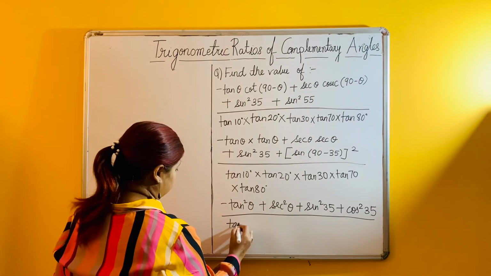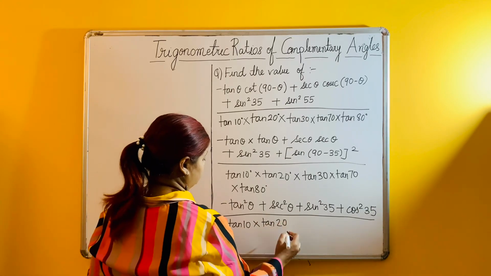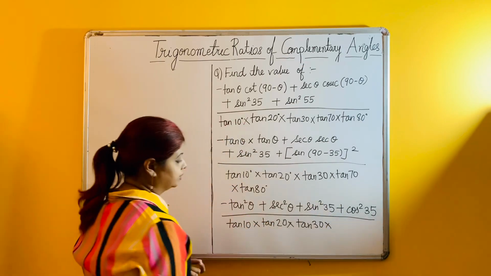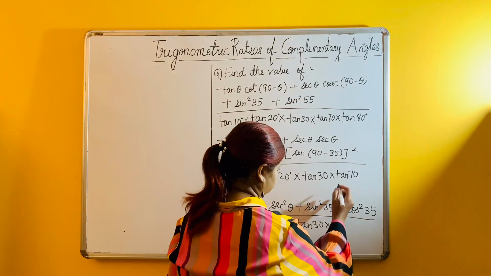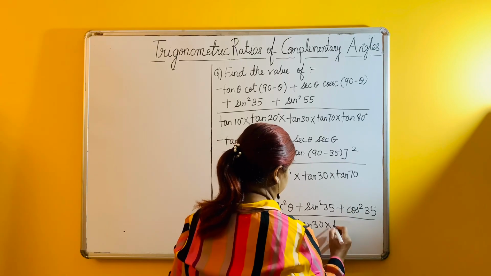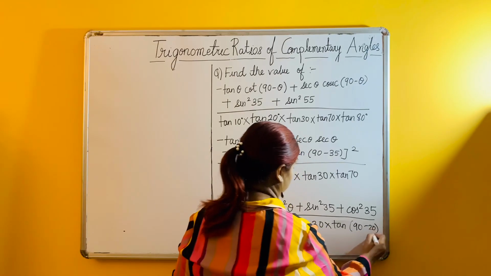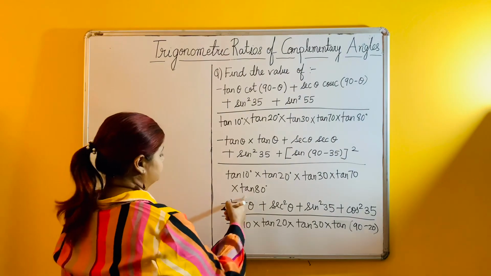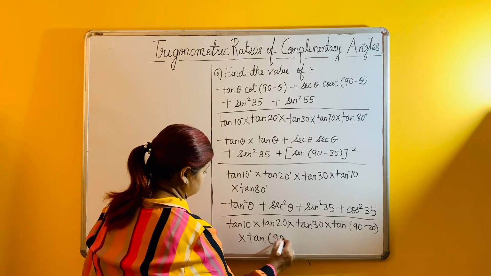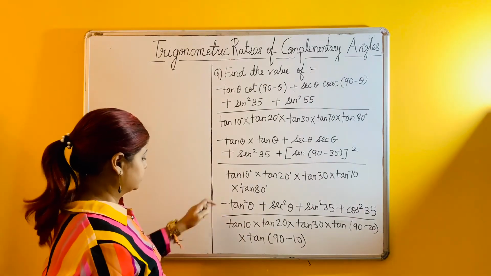So it is tan 10 degree, tan 20, tan 30, and this tan can be written as cot of, tan is written as tan 90 minus 20, and this can be written as tan 90 minus 10. So let's again simplify this.